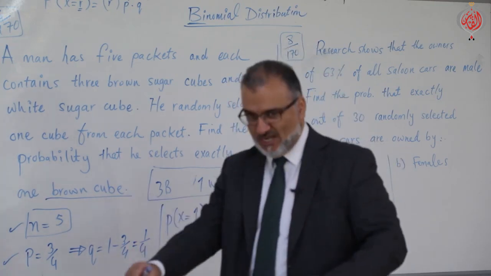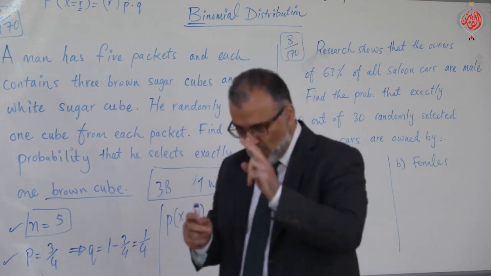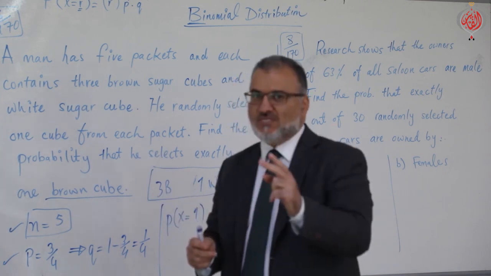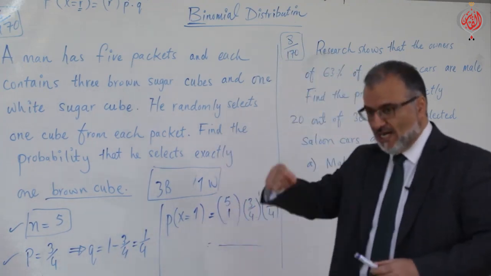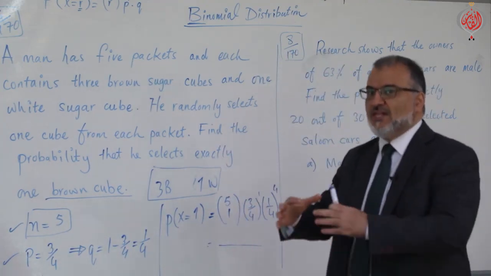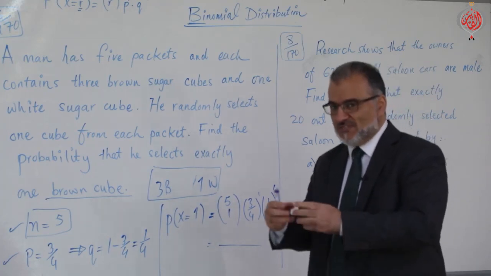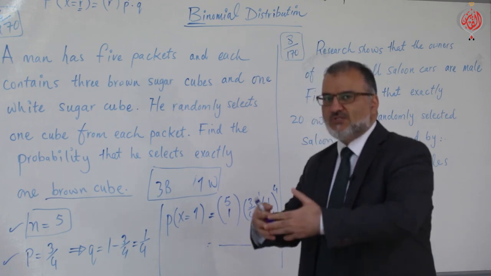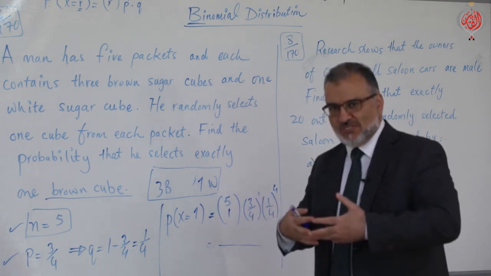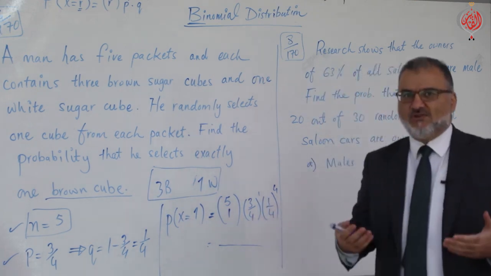In each selection, in each trial, are there 2 outcomes? Yes. Are they independent? It means from trial to trial, from selection to selection, is the probability of selecting randomly the brown cube the same as you proceed in the other selections or not?